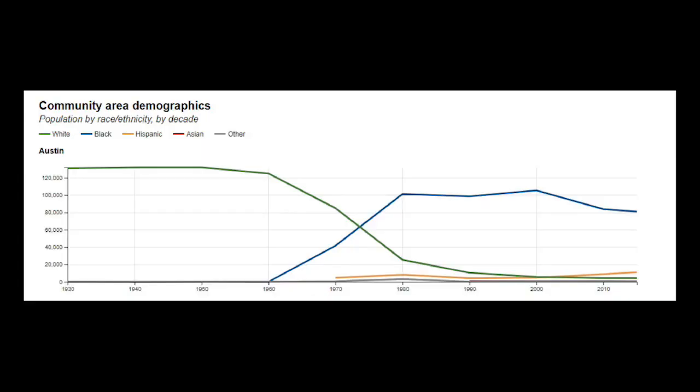Once they moved into this neighborhood, a lot of the individuals there before ran away. So between 1960 and 1980, the white population went from 130,000 to roughly 30,000. So 100,000 people moved out of the neighborhood simply because other individuals moved into the neighborhood.